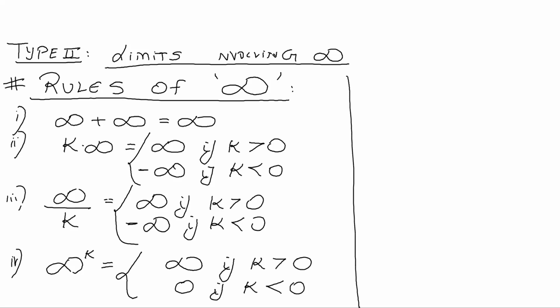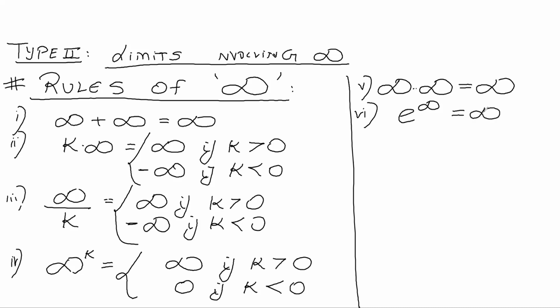Then let's write the fifth rule. On the right hand side, you can see infinity into infinity is also equal to infinity. The sixth rule, e to the power infinity, where e is the natural exponential function, e to the power infinity is equal to infinity. e to the power minus infinity is 0.